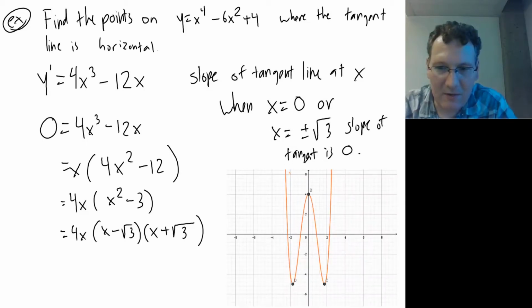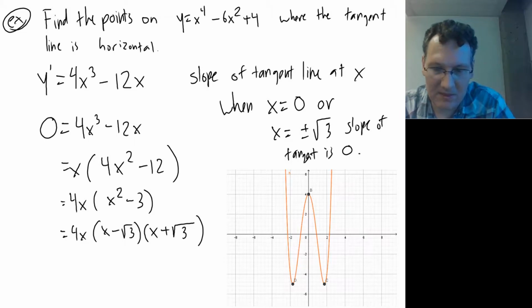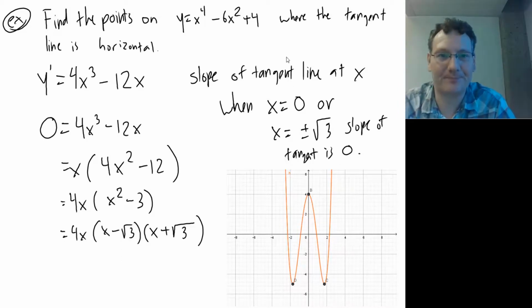Indeed, if you look at these points, this is exactly what you see. You have these 3 points where the curve turns around, and at that moment, the tangent line would be horizontal.